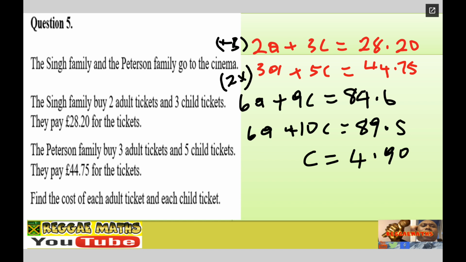So the child ticket is 4.90. Now I'm going to say 2a plus 3 times 4.9 equals 28.2.